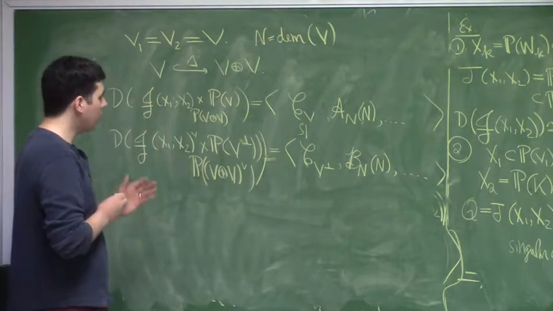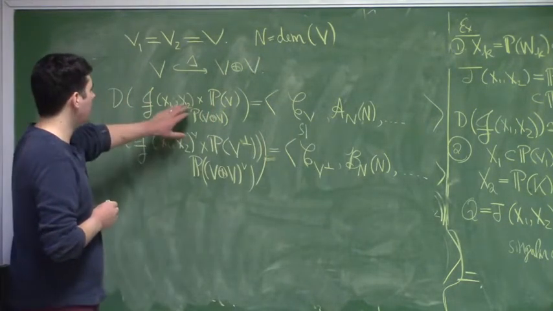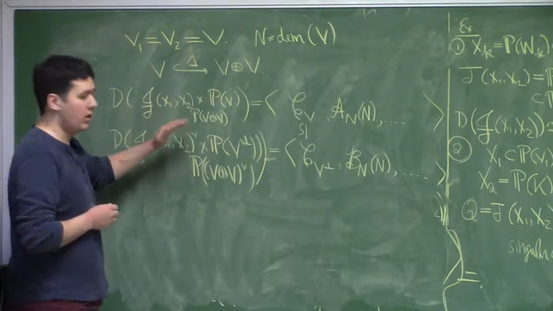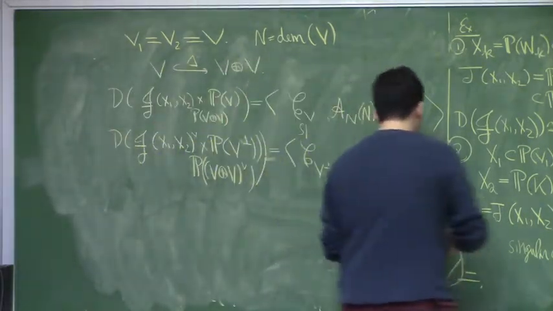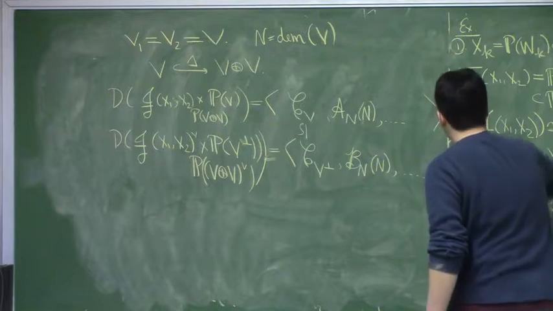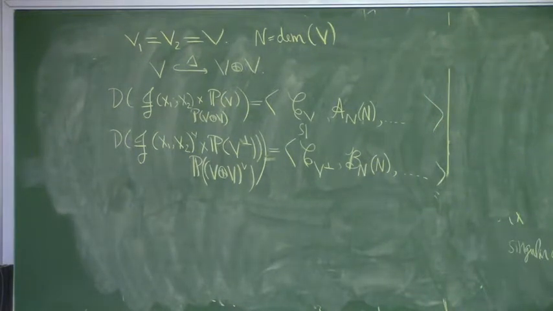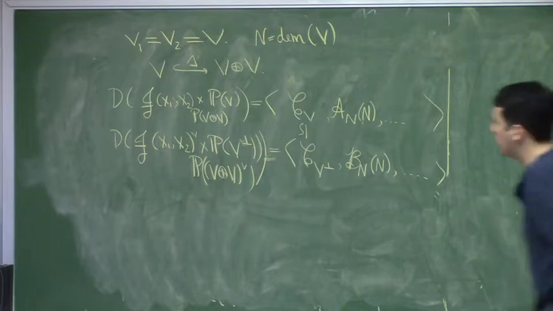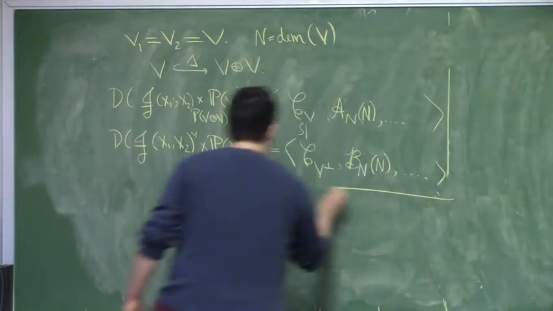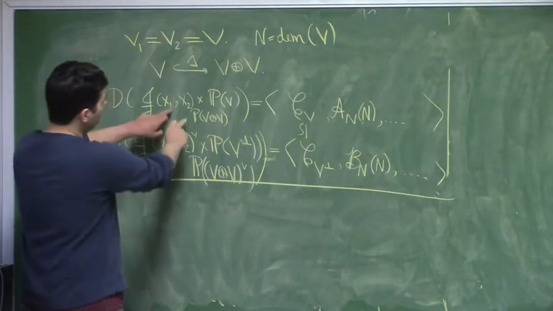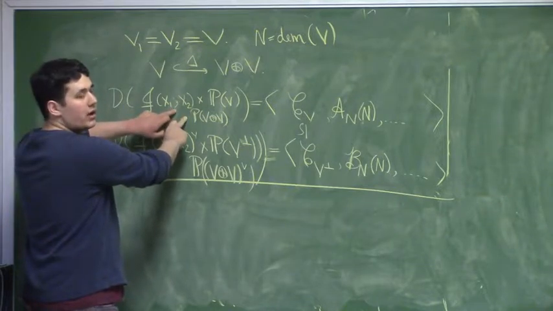So in order to use the theorem, let's try to unravel what each of these sides are. And I'm going to use the theorem to do that. Since I'm running out of time a little bit, maybe I'll hurry up. Let's think about this left-hand side for a second.